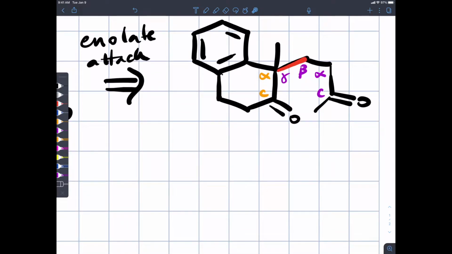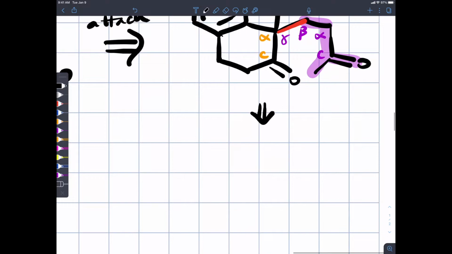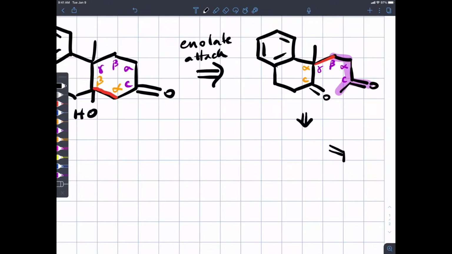The beta carbon in the Michael reaction, this sort of purple side would have been an alpha beta unsaturated carbonyl compound.